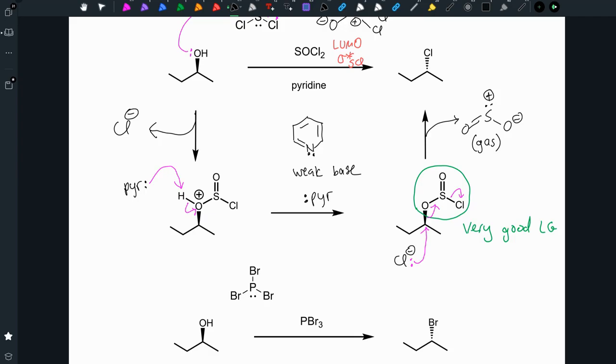Reactions that produce a gas are often favorable thermodynamically, and they're essentially irreversible, because when you produce a gas, it bubbles out of your solution and it can't come back. So this essentially drives that reaction forward. One thing to notice about this step, chloride is acting as a nucleophile, kicking off a leaving group in an SN2 way, which is why you see the stereochemistry gets inverted at that stereocenter.